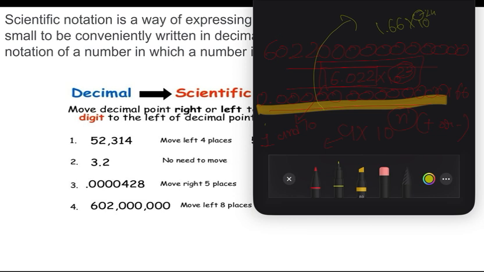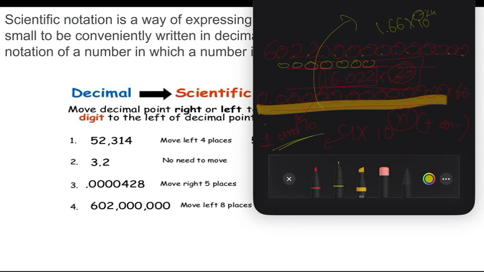Here are the important rules. First, the first number must be between 1 and 10. Second, count how many places the decimal moves: 1, 2, 3, 4, 5, 6, 7, 8, 9, 10, 11, 12, 13, 14, 15, 16, 17, 18, 19, 20, 23. Okay.